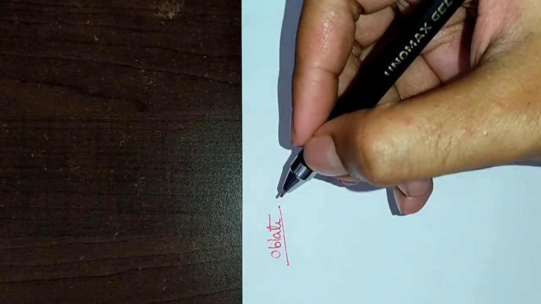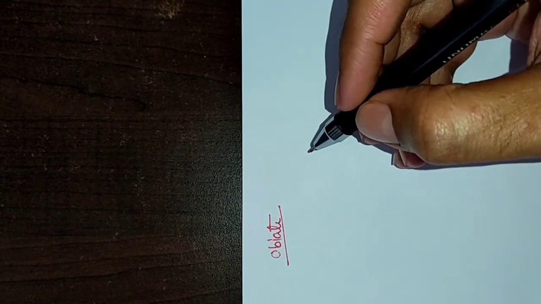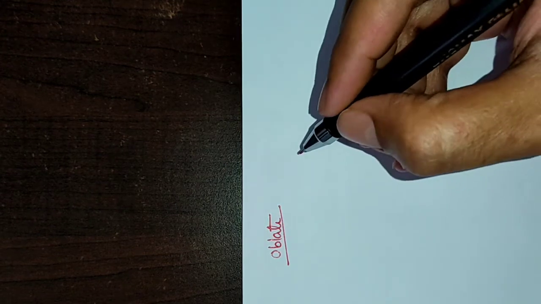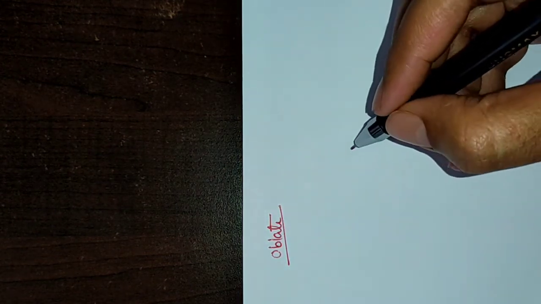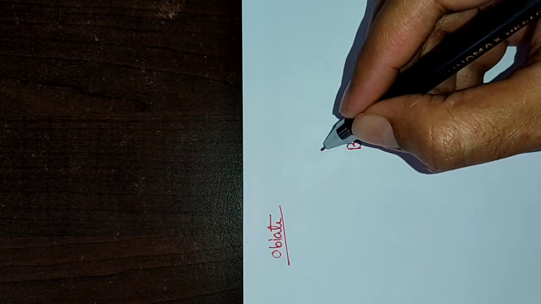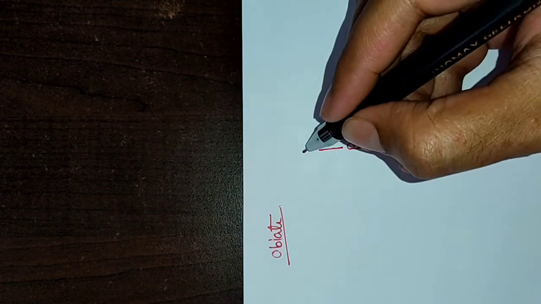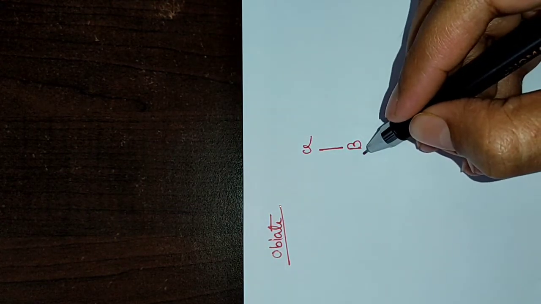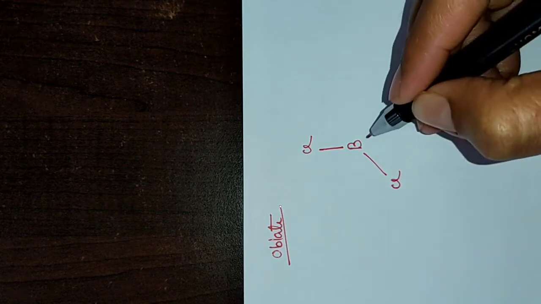Oblate symmetric top. The example that I have projected in the previous video was boron trichloride, BCl3.